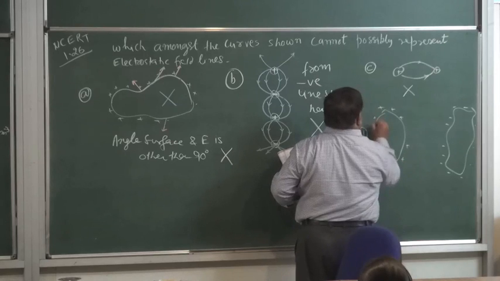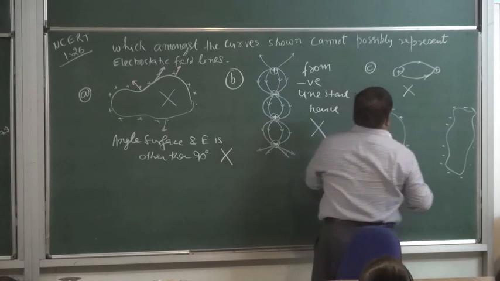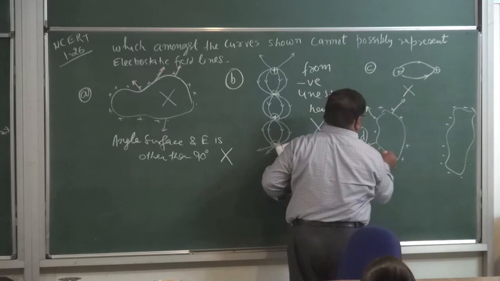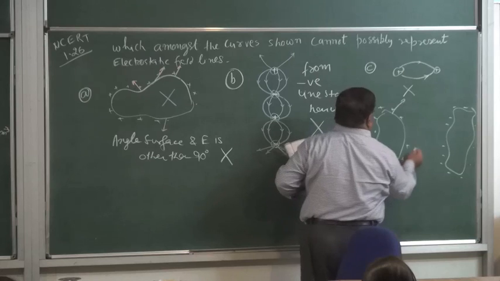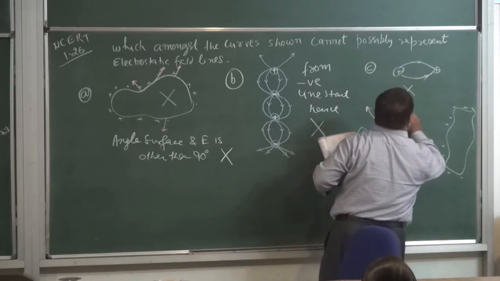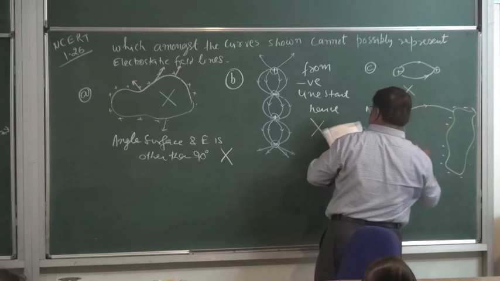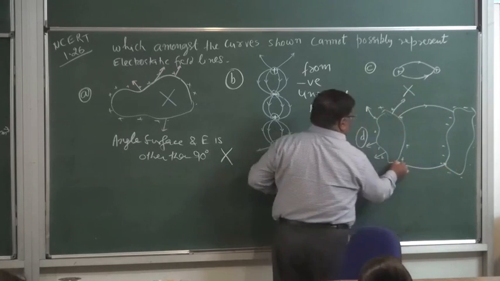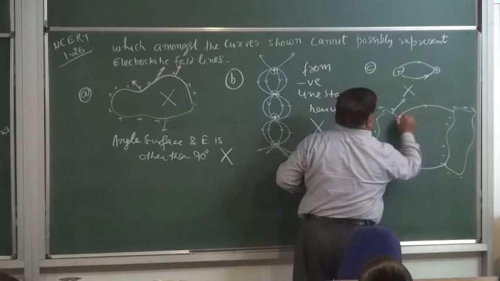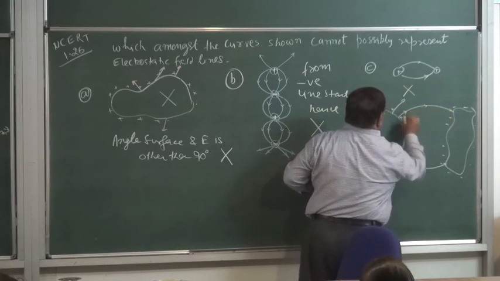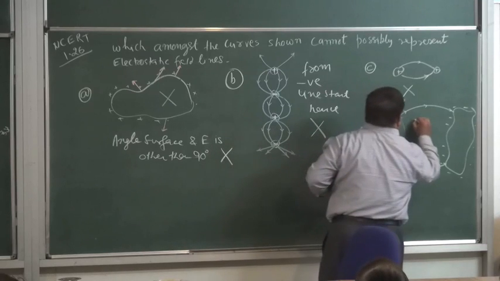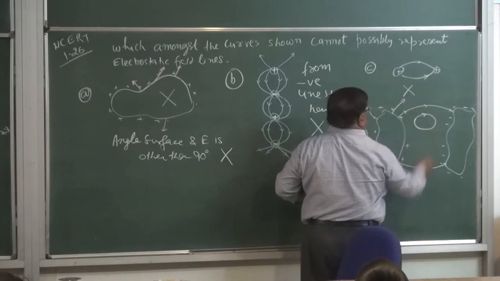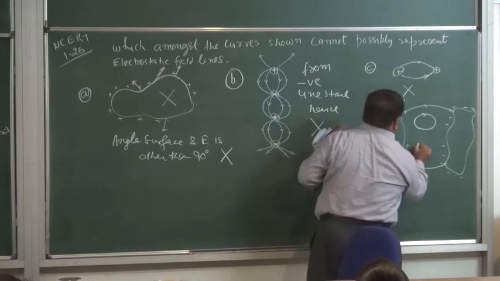And there are electric field lines over here going out, going out, going out, and some go out like this, some go out like this, starting from plus going to minus, starting from plus going to minus. There are few which go like this, plus to minus. There are few which go like this.